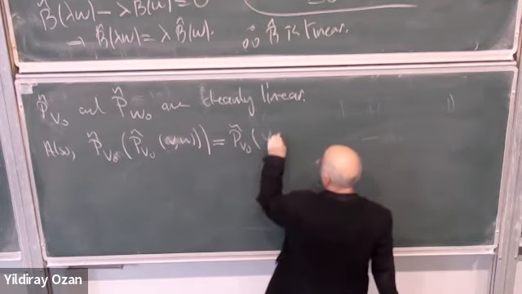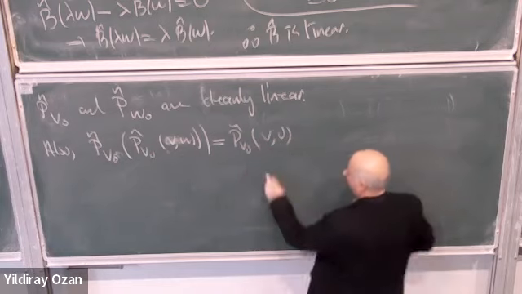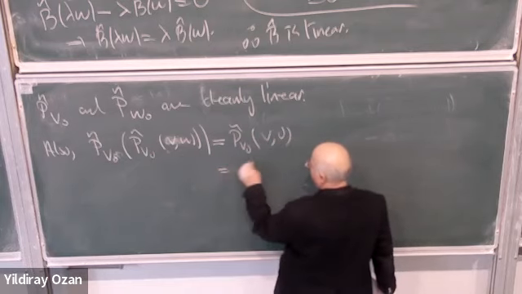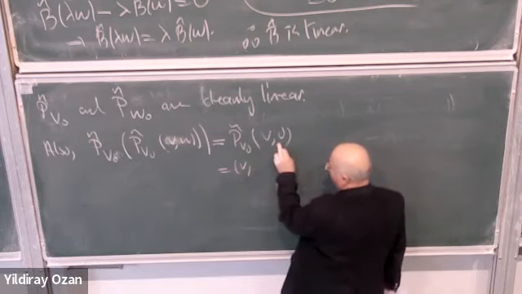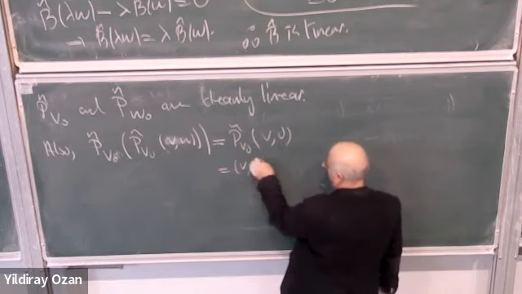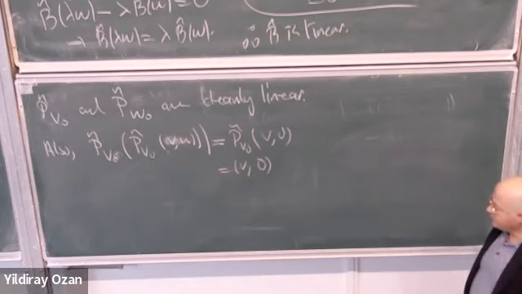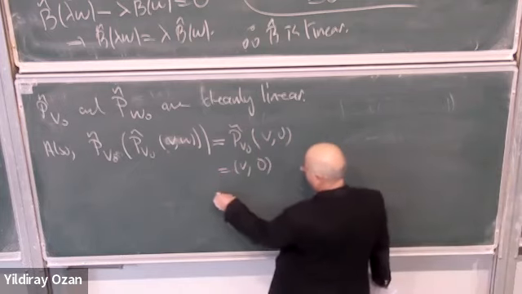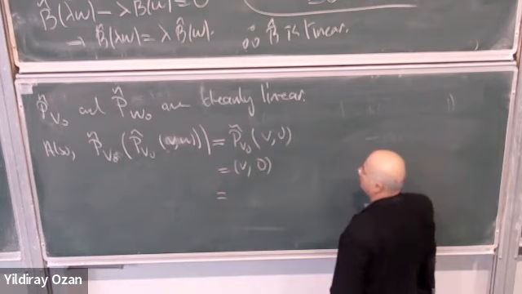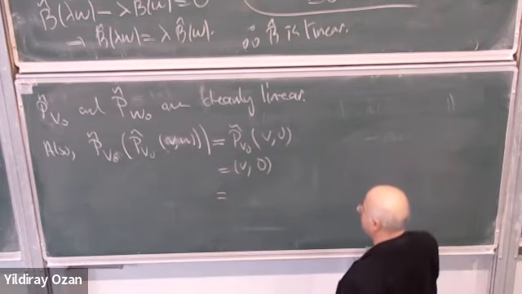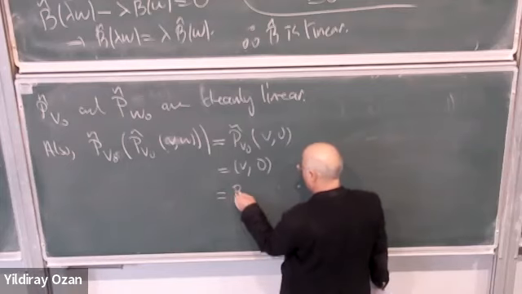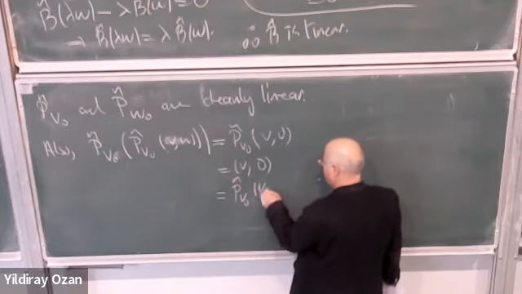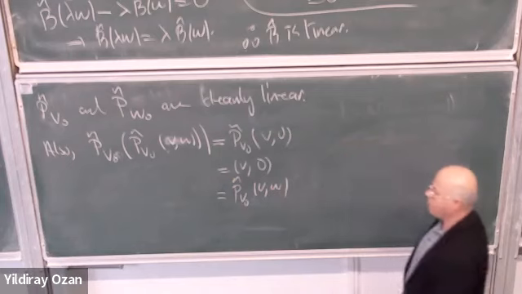It is just V comma 0. And what is the image of this? Well, you keep this component the same and send the second component to 0. Well, it is already 0. So it is this. But what is this? It is just P hat V0 of V comma W.